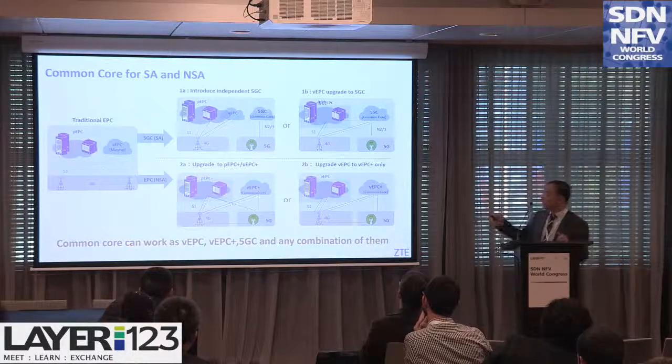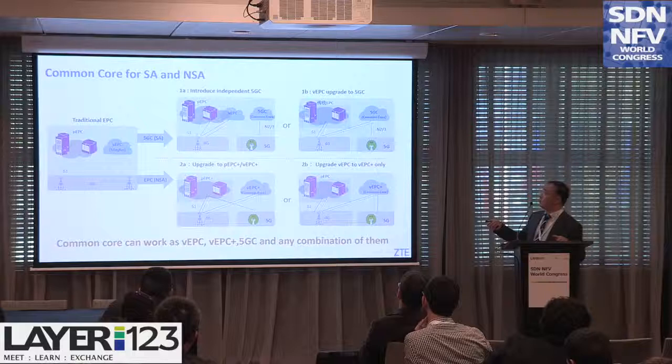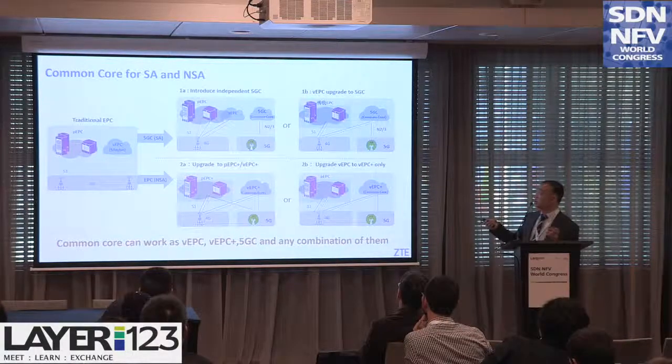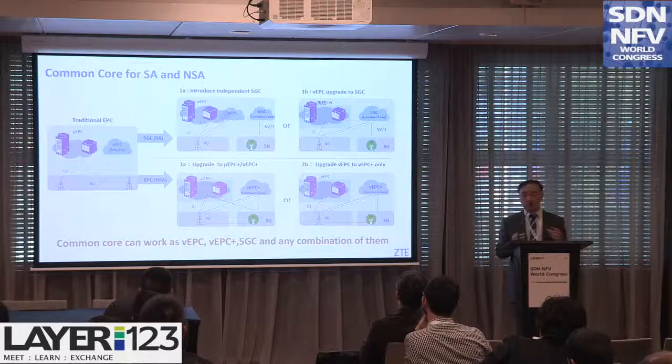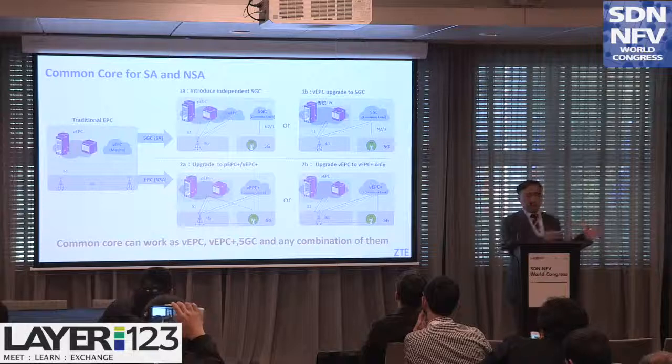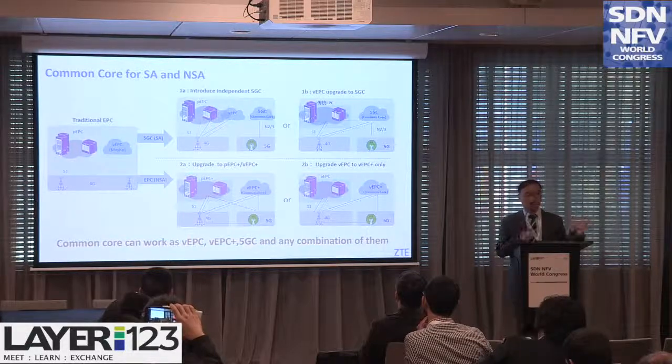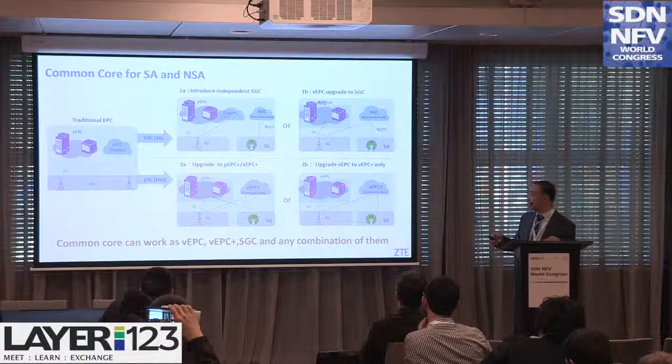Of course, let's talk about standalone. In this case, if you go standalone, you can use the common core working as a standard 5GC to introduce 5G. And in the future, another way is that a virtualized EPC can also be upgraded to 5GC as well. So I think the common core can provide our customers a lot of possibilities and choices, no matter whether it's standalone or non-standalone.